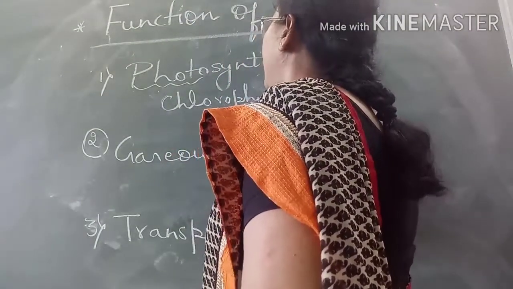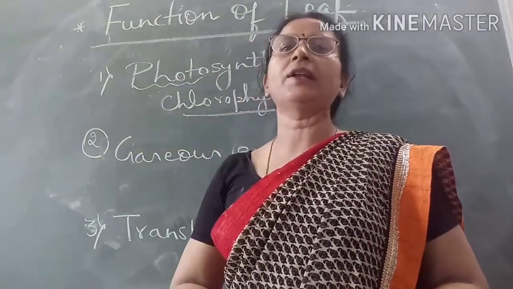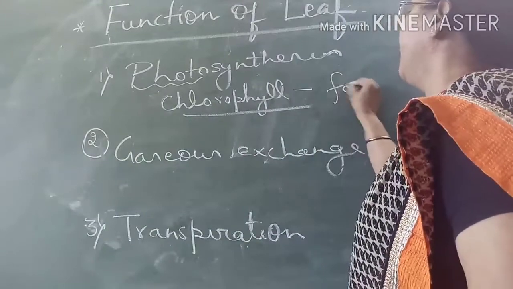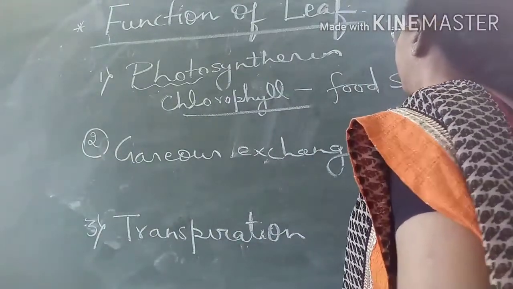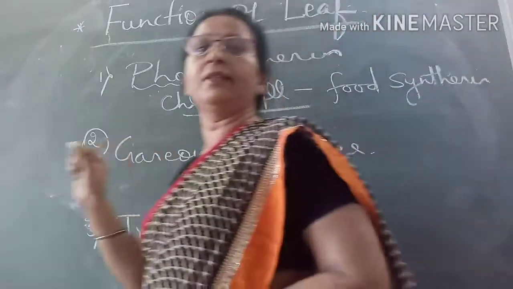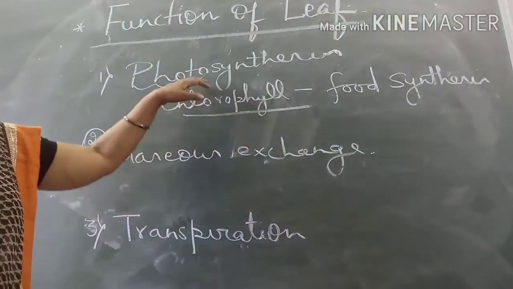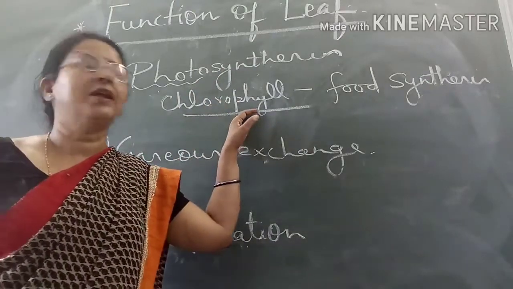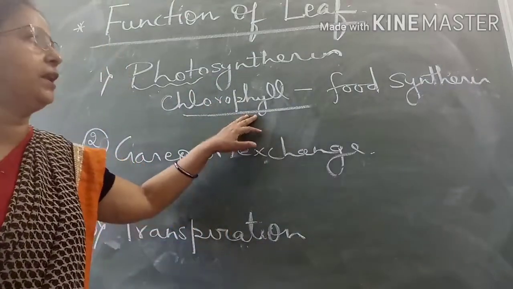This chlorophyll is actually the kitchen of the leaf or kitchen of the plant where photosynthesis occurs. That means photosynthesis occurs in its kitchen. Its kitchen name is chlorophyll.